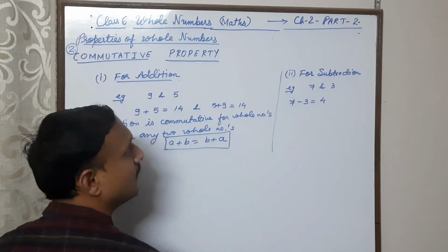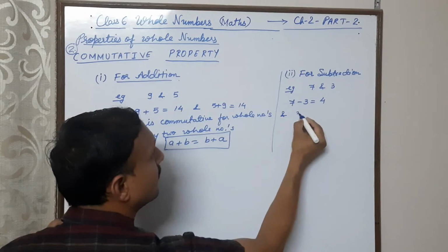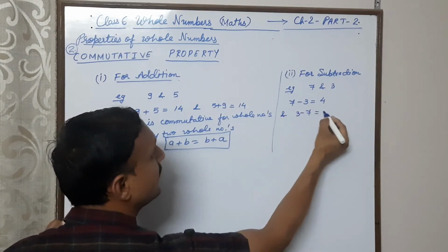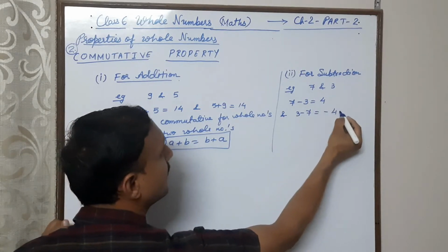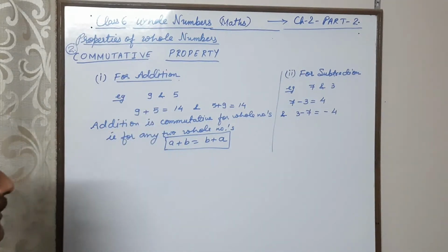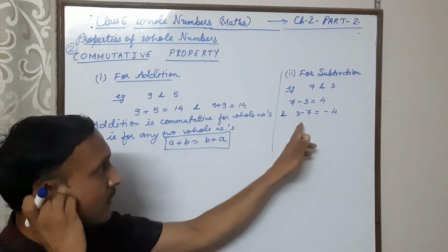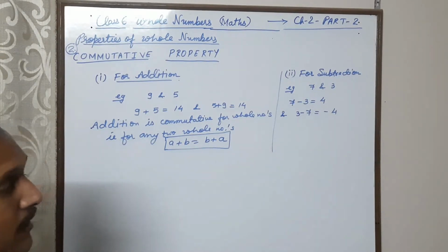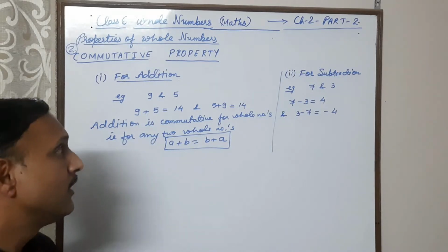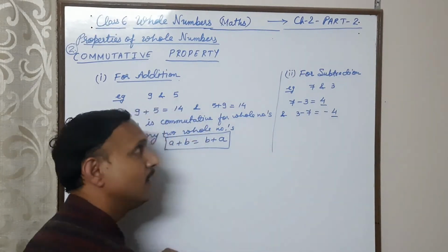And let us subtract like this: 3 minus 7. 3 minus 7 you don't know yet, you will study it in class 6, chapter 6, integers. But now we know that when we subtract a bigger number from a smaller number, the result will be a negative number. And these two are different. One is 4, another is minus 4. Results are different. One is positive, another is negative.